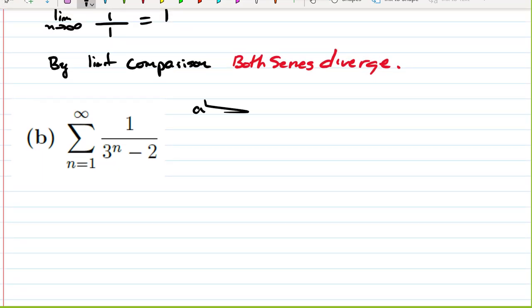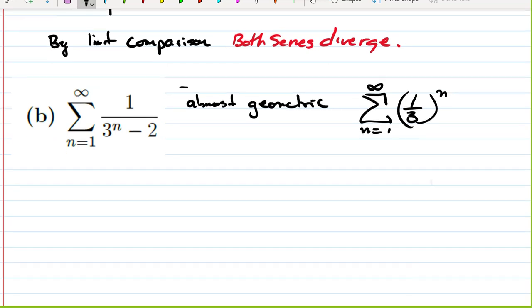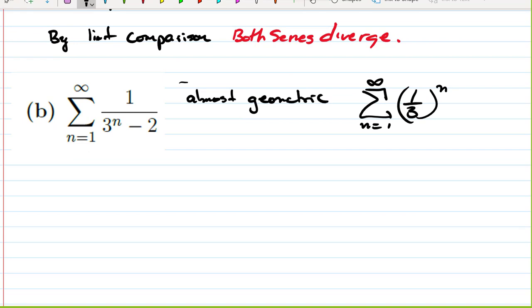So since it's almost geometric, we can compare to the geometric series (1/3)^(n-1), or just (1/3)^n. And if we do that, we know that this has r equals 1/3, so that's going to be convergent.